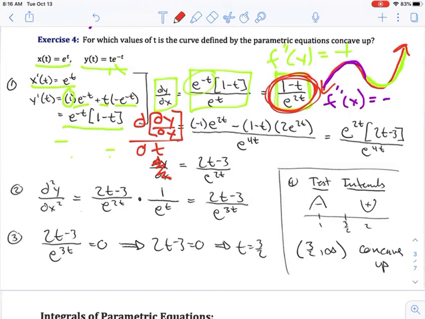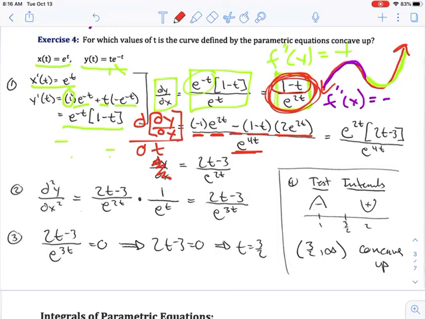So first of all, the derivative, we have to use the quotient rule. So the quotient rule, I have the numerator and the denominator. Here's the derivative of the numerator times the denominator minus the numerator times the derivative of the denominator, all over the denominator squared.